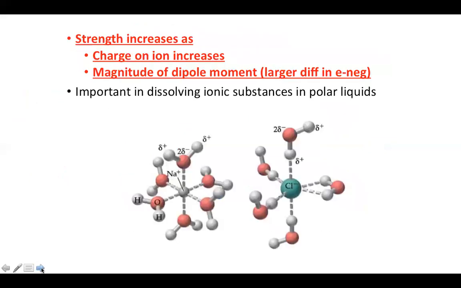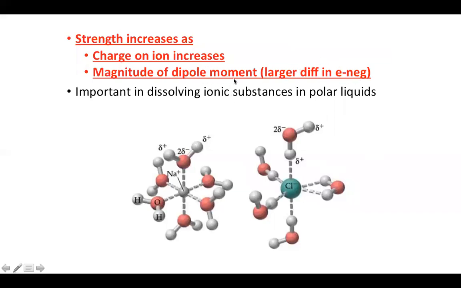Okay, so some things that will increase the strength of those interactions are the charge on the ion and the magnitude of the dipole moment. And what that means is the larger the difference in electronegativity values. So as a shortcut, you could think the further the atoms are spaced apart on the periodic table, the greater their difference in electronegativity values, so the greater this dipole moment would be, right?